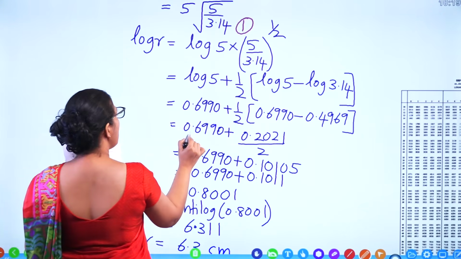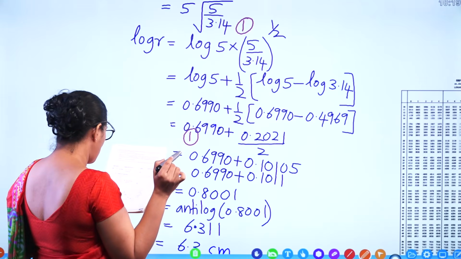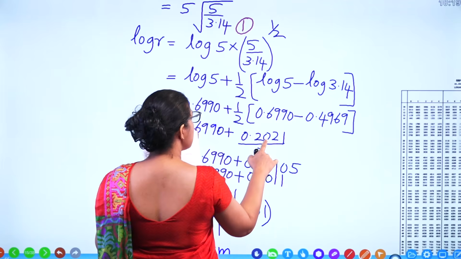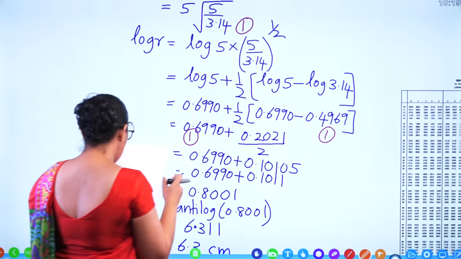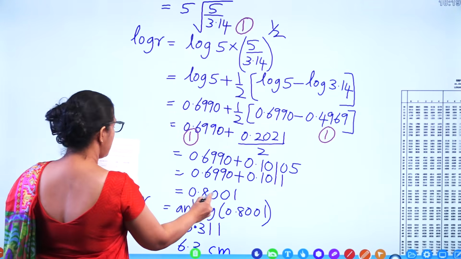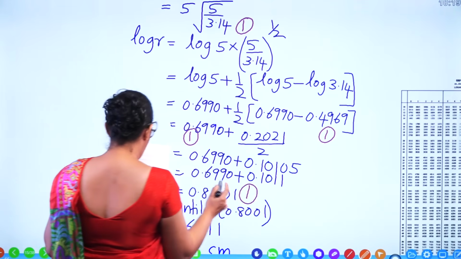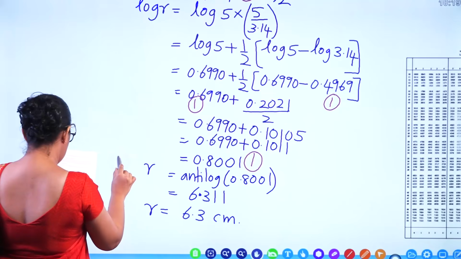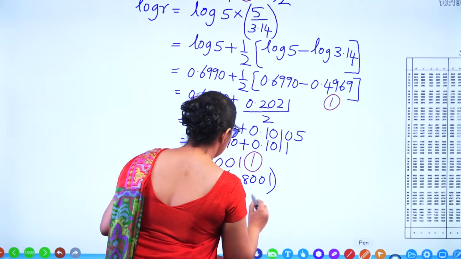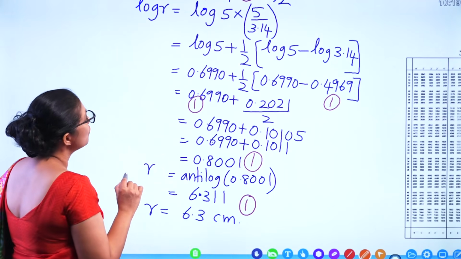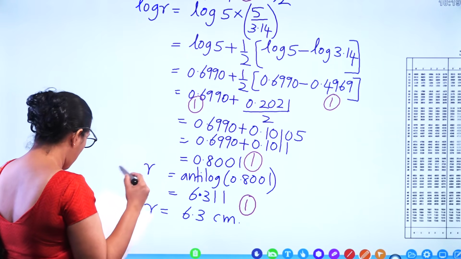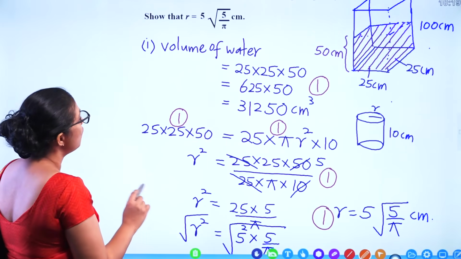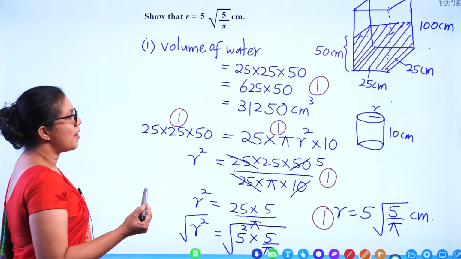And referring the table and getting log 5 value and this one, .4969, 1 mark, and .8001, 1 mark, and 6.3 correct to one decimal place, that's 1 mark. So 5 marks, 1, 2, 3, 4, 5. And previous question we gave 5 marks, altogether 10 marks for this question.